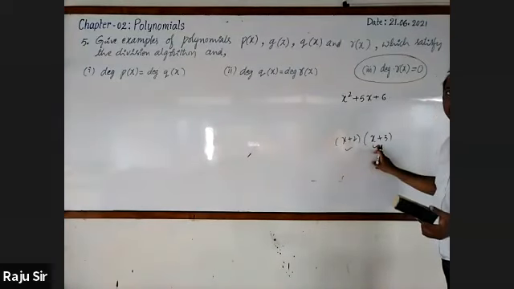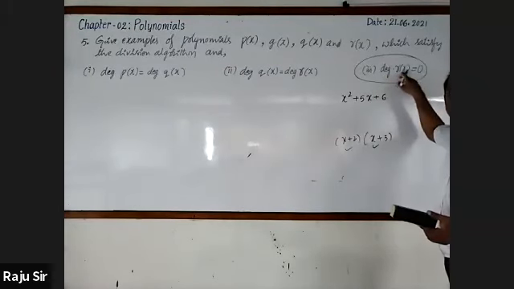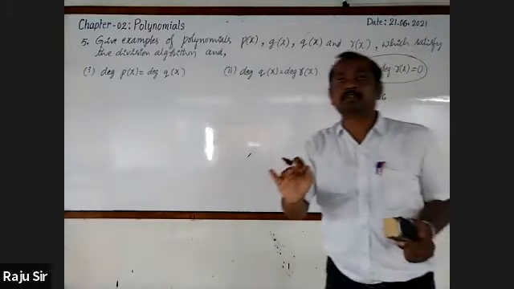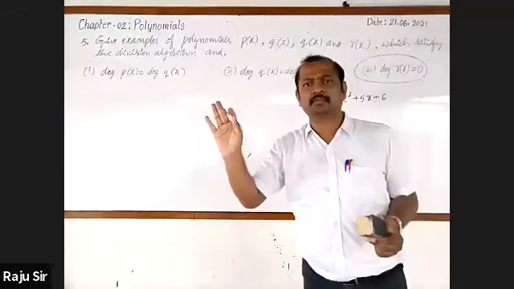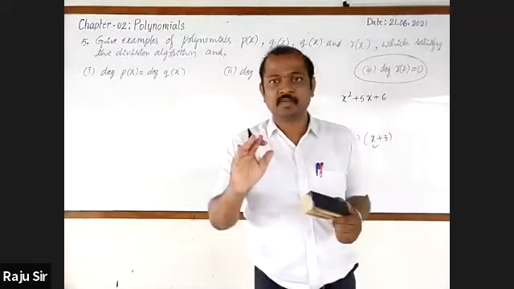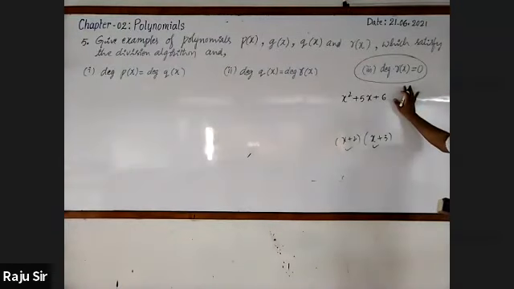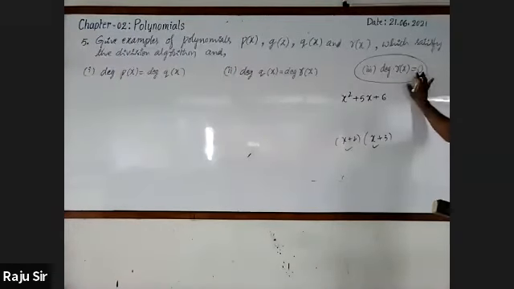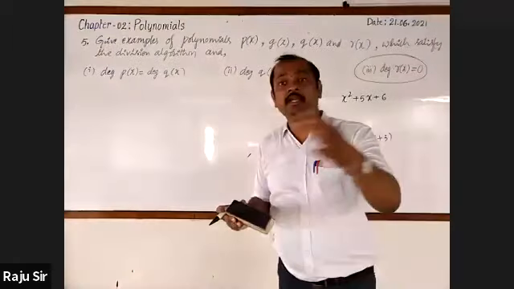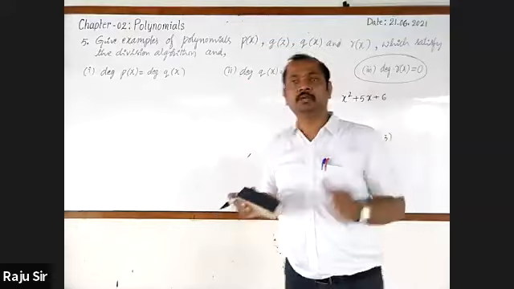Here we have the condition that the degree of the remainder should be 0, which means that the remainder should be any constant. Followed? The degree of the remainder is 0. It may be any constant. It may be 0, it may be 1, it may be 2, 3, whatever it is.